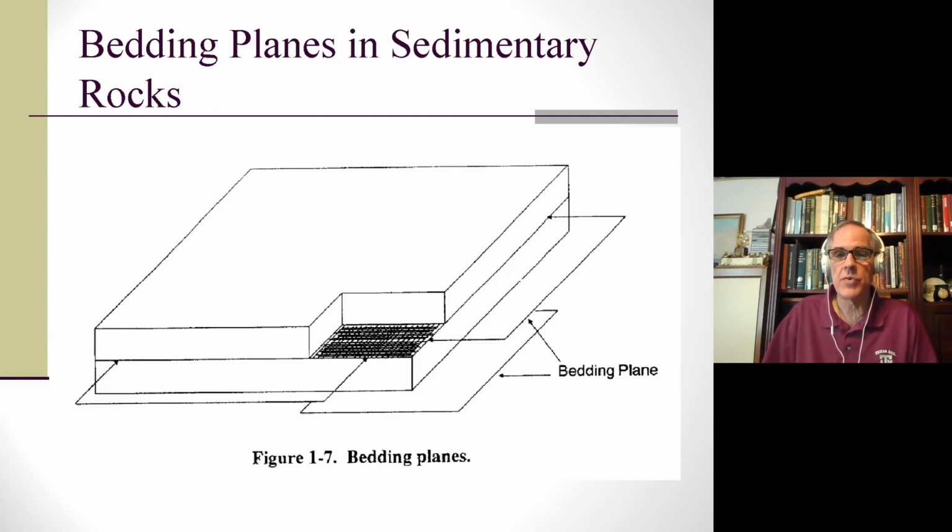But for whatever reason, either differences in the composition, sedimentary rocks, by definition, are a layered type of thing, where they're not homogeneous. The boundaries between those layers are called bedding planes. And bedding planes are very important in understanding how to deal with sedimentary rocks.